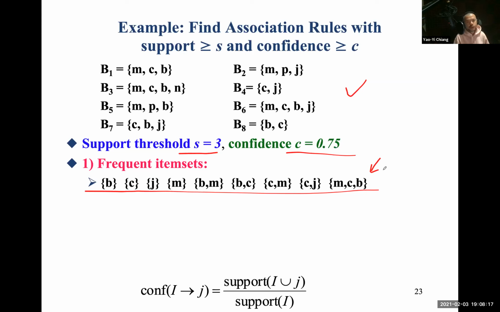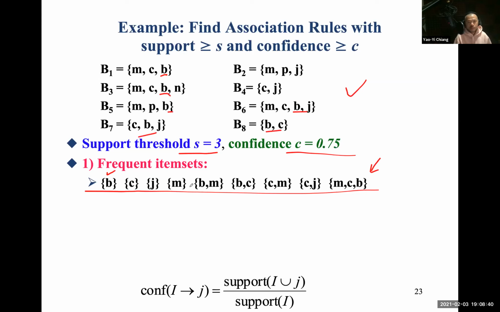How do we find the frequent item sets? Anybody? How do we know B is frequent? It occurs 3 times or more. It occurs in three baskets or more, right? 1, 2, 3, 4, 5, 6.